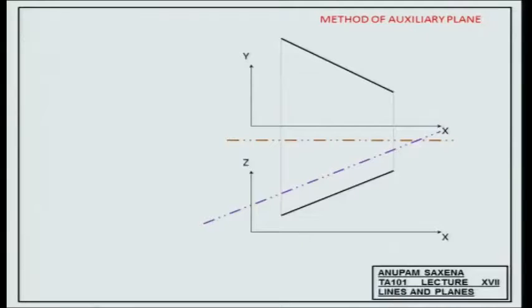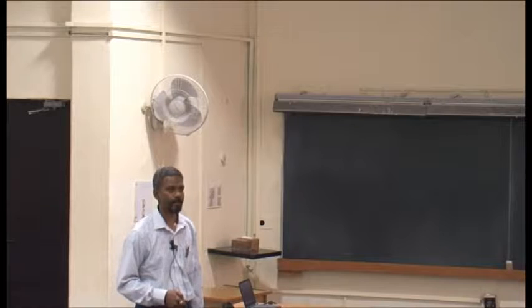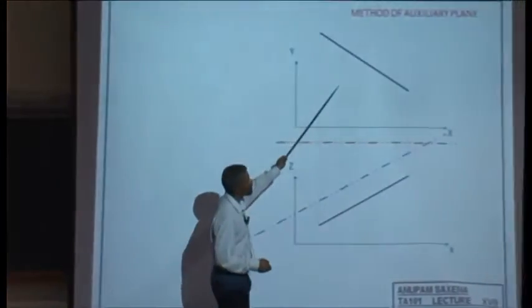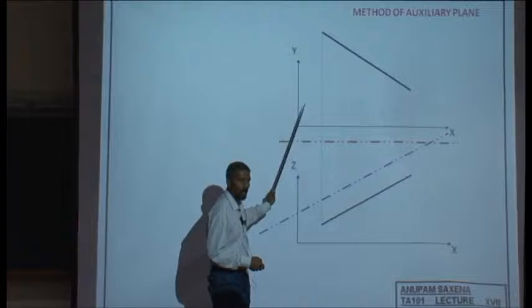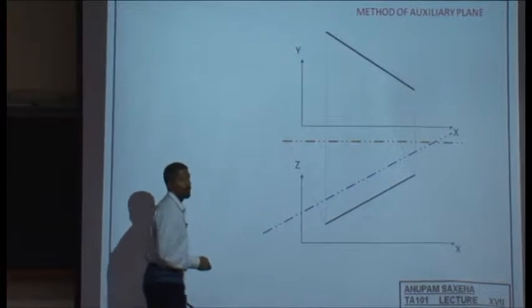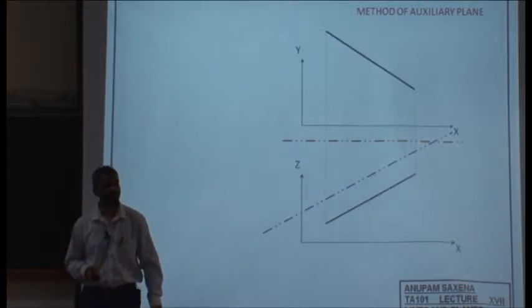Then have the projections come out perpendicular from which view? Horizontal or vertical? Vertical. Like these. Now, this view is going to be common between this view and the auxiliary view. Where are you going to be measuring the distances from?